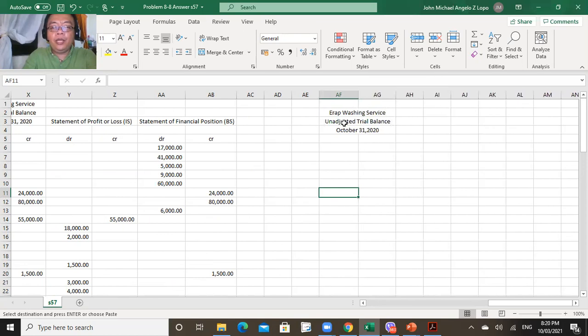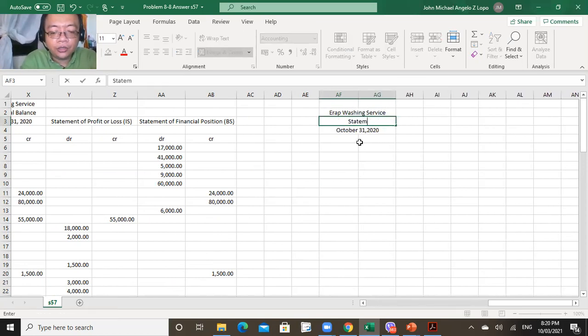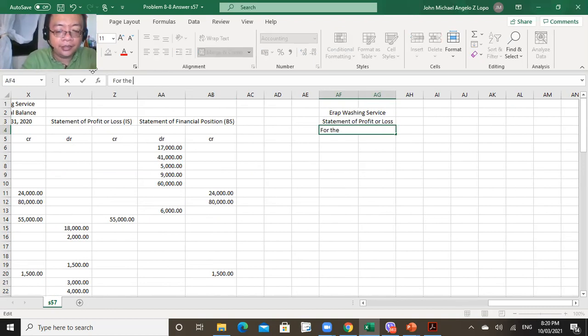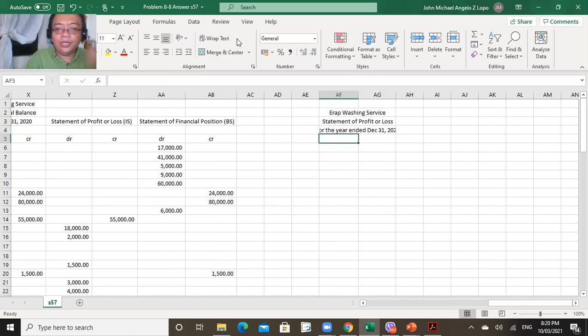When you prepare your statement of profit or loss, very important is the date. It should be for the year ended December 31, 2020.